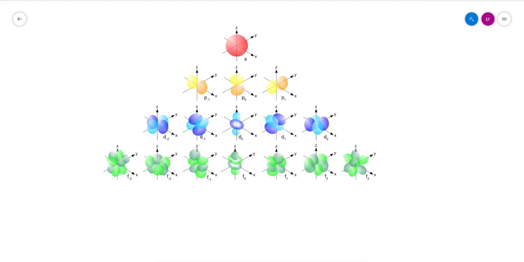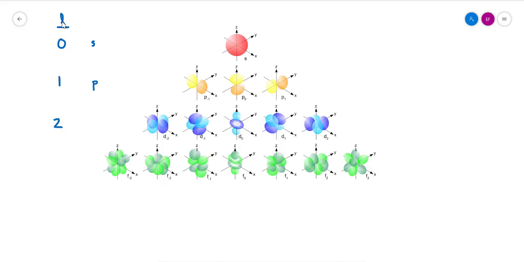Okay, so I'm showing you all of the different orientations of those 4 different shapes of orbitals here, or subshells. So if we have l over here, that's our angular momentum quantum number. We have l of 0, which is the s orbital. We have l of 1, which are the p orbitals.